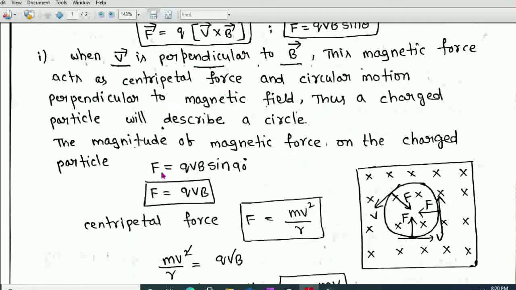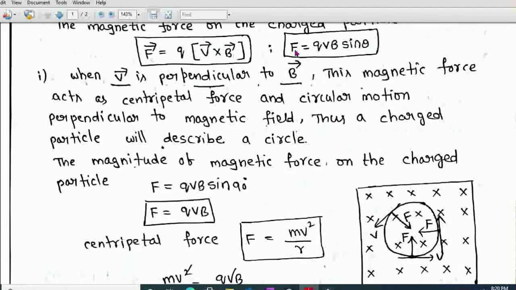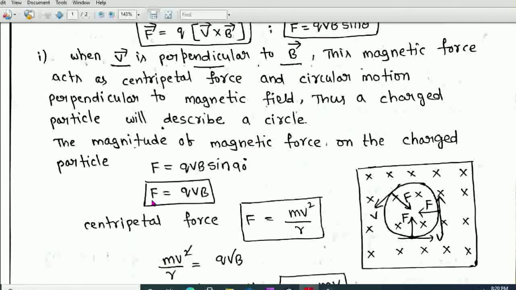In that case, the magnitude of the force is F is equal to qvB sin theta. When V bar and B bar are perpendicular to each other, theta is 90 degrees, so sin 90 is 1. The magnetic force experienced by the charge is F is equal to qvB.